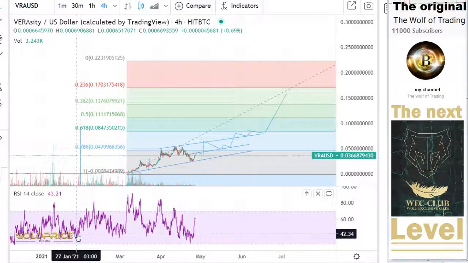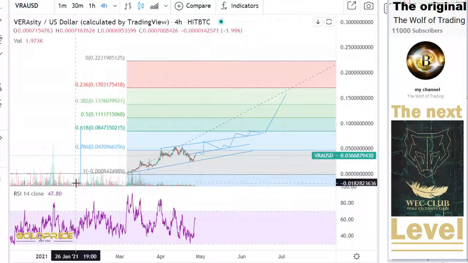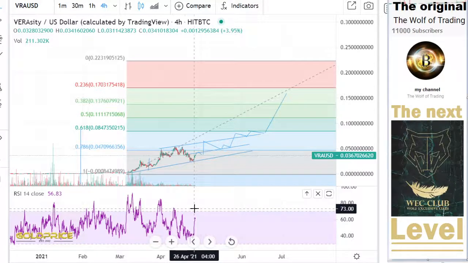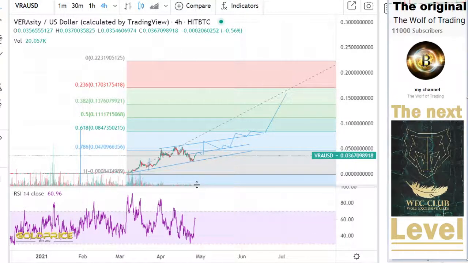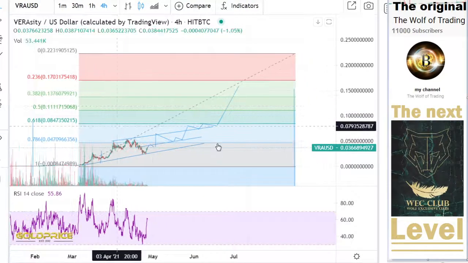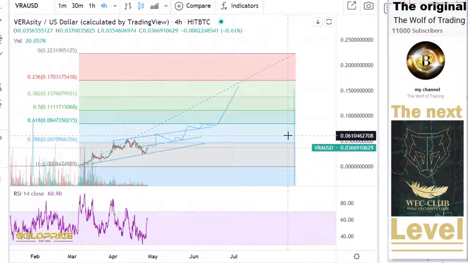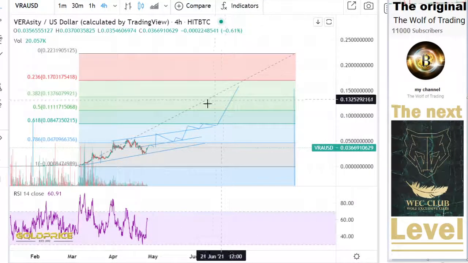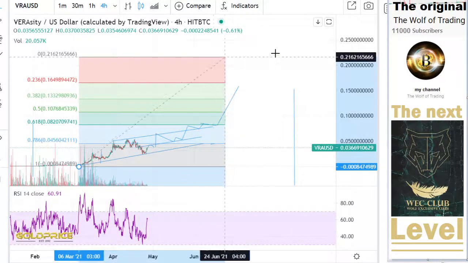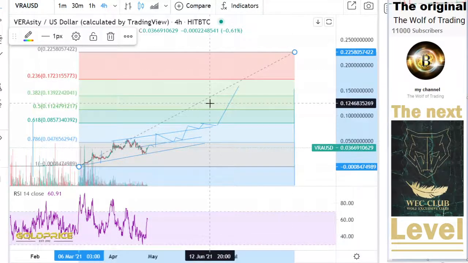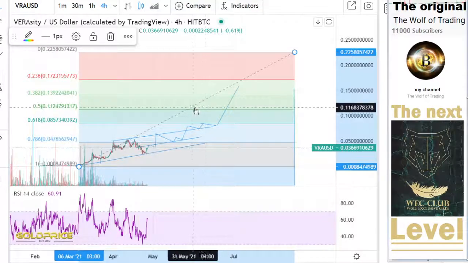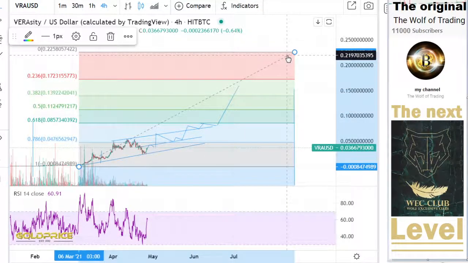That was the old one from January to April. These are, we can say, 4 months, and from April to August is also 4 months. If you take this and go to August, you can see this is the trend line to the top side, and we have the power to go to 20 cents theoretically.